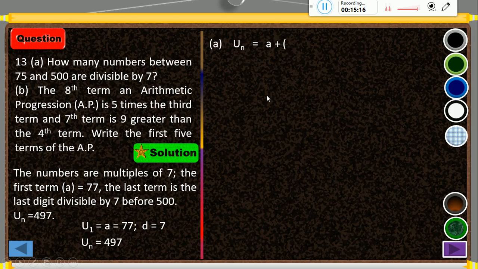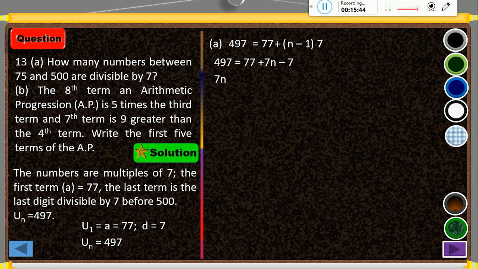Then we write the equation for the number of terms in an AP. We replace Un by 497, a by 77, and d by 7. Simplifying this, we have 497 is equal to 77 plus 7n minus 7.